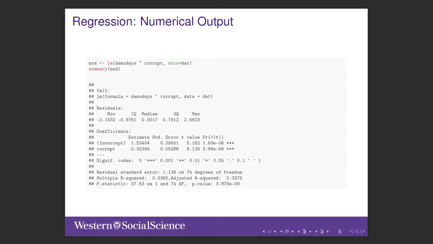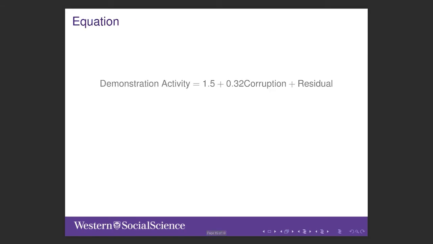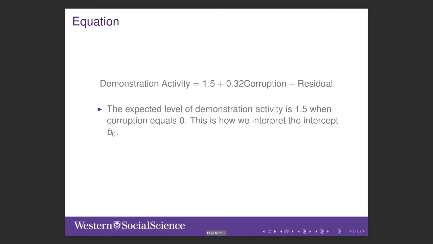As for what this means, let's look at the equation a bit more closely. Here we see that demonstration activity is equal to 1.5 plus 0.32 times corruption plus the residual. So 1.5 is the intercept and 0.32 is the slope. The intercept of 1.5 tells us what we would expect demonstration activity to be when there is no corruption, that is, when corruption equals 0.